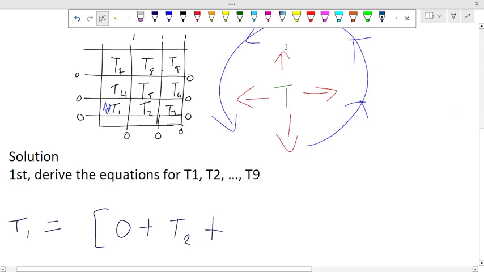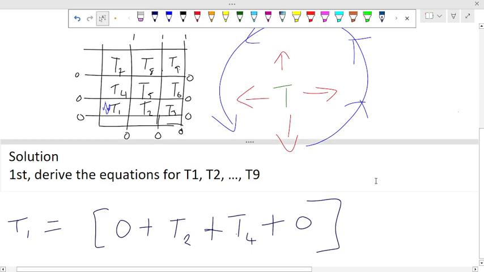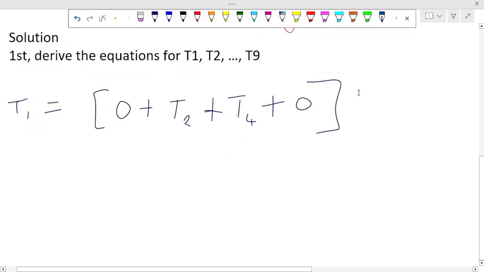Next you look up. What do we have? T4. So you say plus T4 plus. Next, look at the left. What do you have there? 0. A lot of zeros. Done. Now this is a short way to think about it.